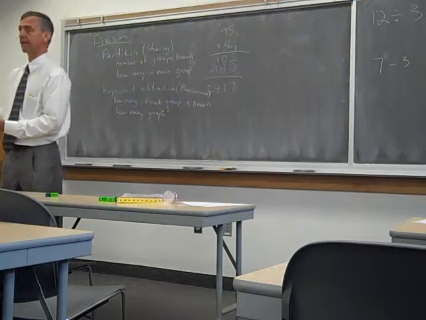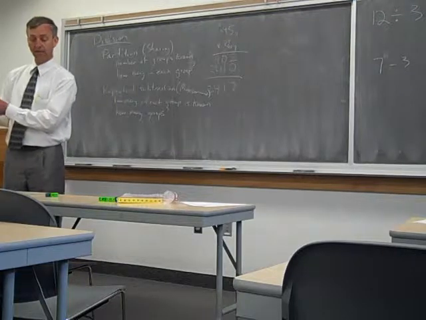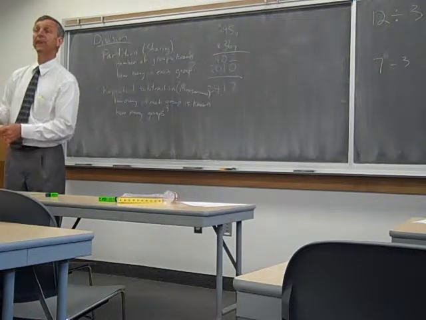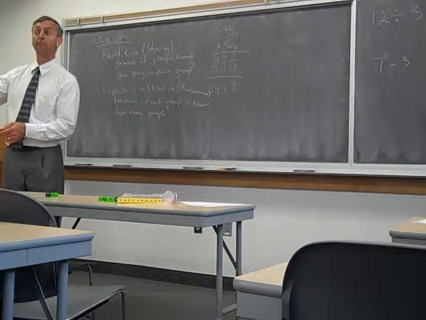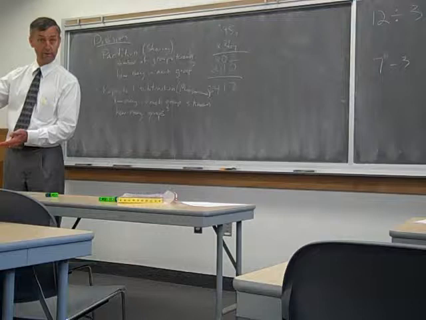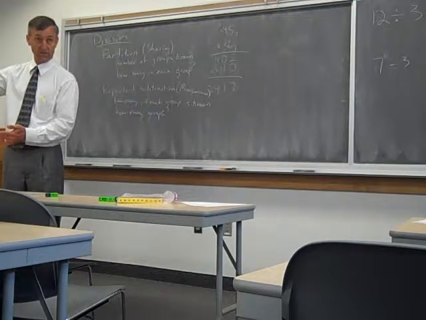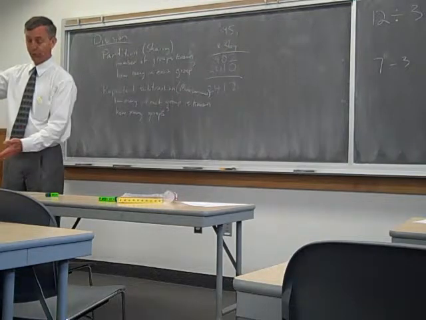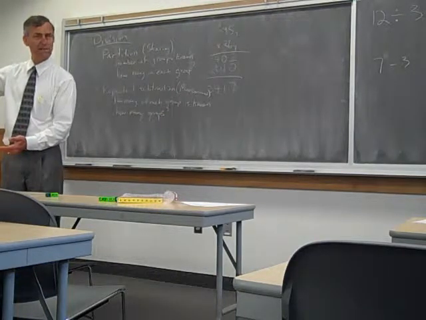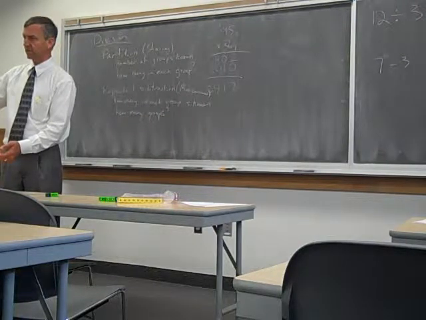And now there's not 3 left in the group, right? Actually, there's 2 groups and a third of another group, because my groups are of size 3, so this is a third of a group. So I got 2 and 1/3 is one answer. 2 remainder 1 is another answer.